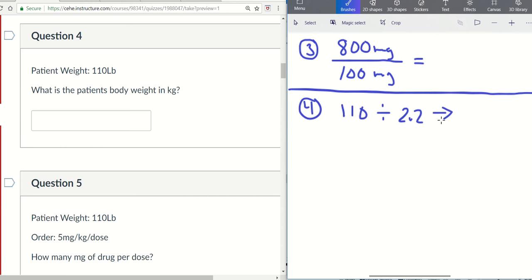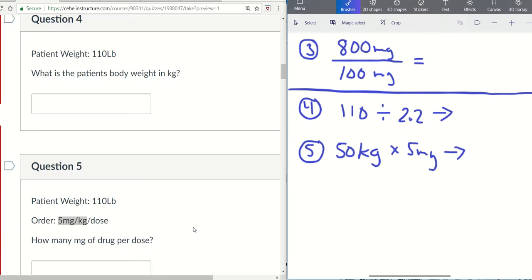How many kilos is that? 50, right? So good. So for the next step, we'll start with that 50 kgs and we'll multiply by the order. How much drug is ordered per kilogram? In this case, it is 5 milligrams. So your total per dose is 250.